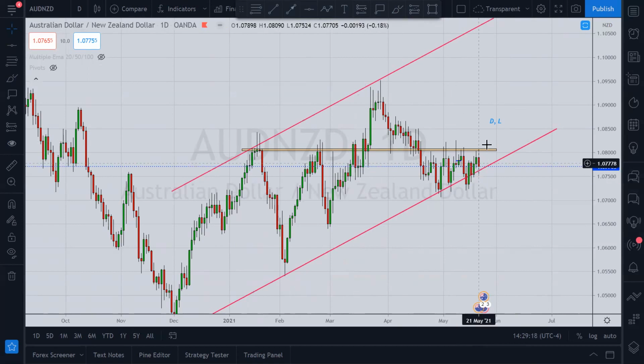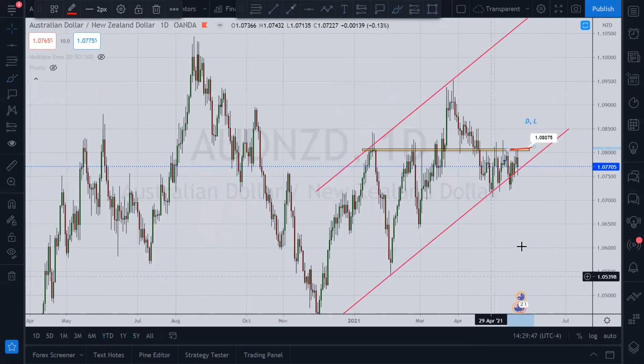So I am looking for a break above this line here, that level, and this level is at, if I can get it right, 1.0807. All right, I'm looking for a close above this level. Then I would be inclined to take a long position to the top of this channel. Yep, yes I would.